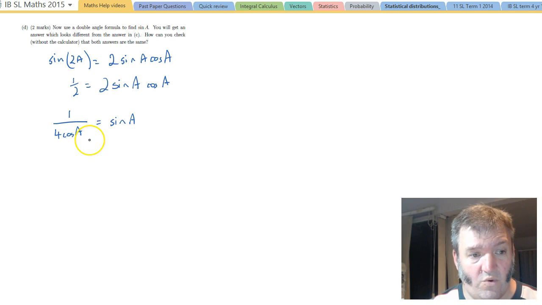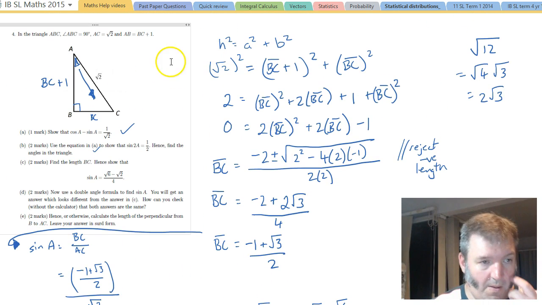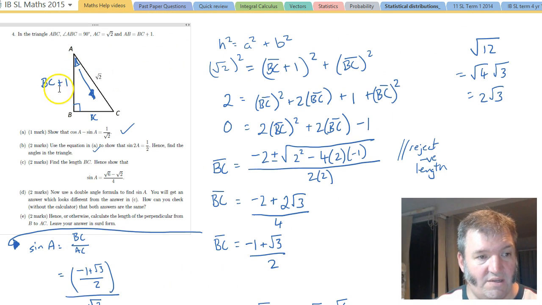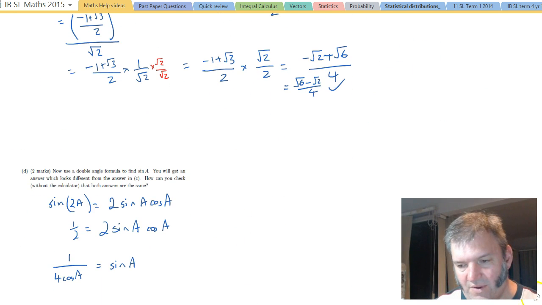Great. What is cosine A? We think back to our triangle up here. We've got the cosine of A. It's BC plus 1, all divided by root 2. So BC was (-1 plus root 3) over 2, and now I've got to add 1 to that.